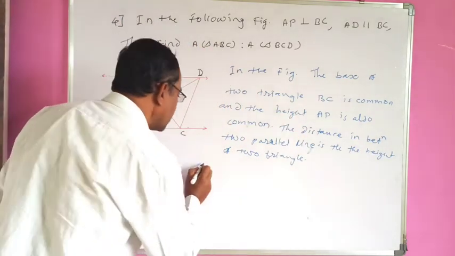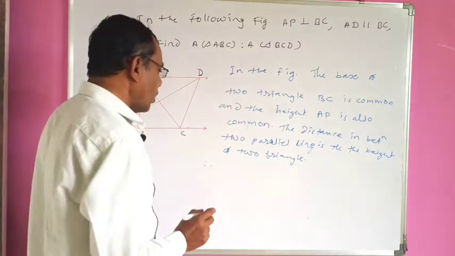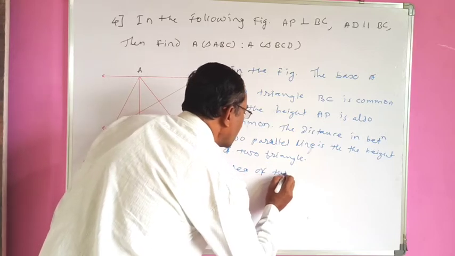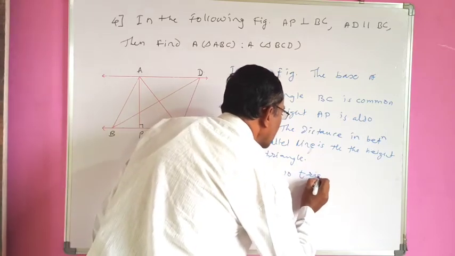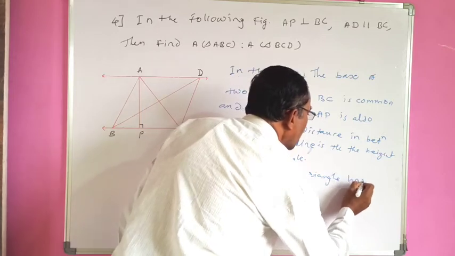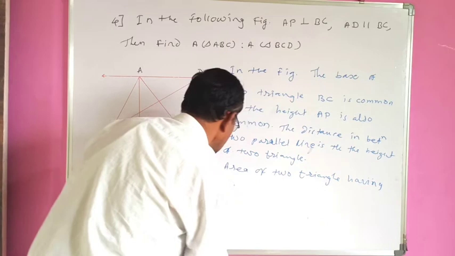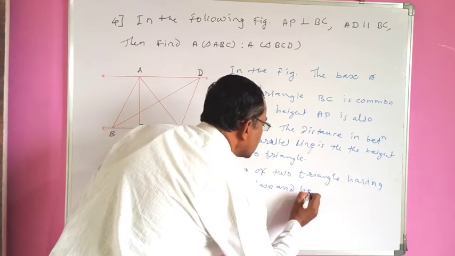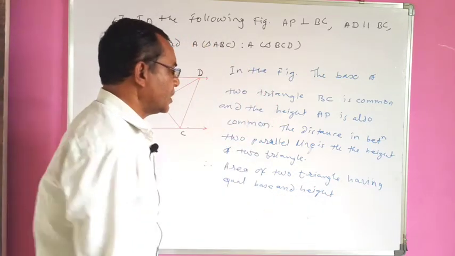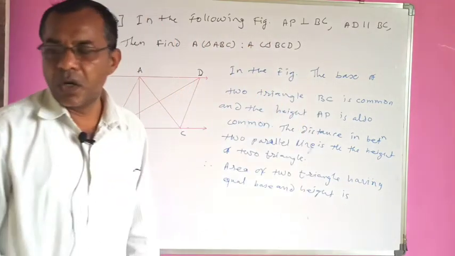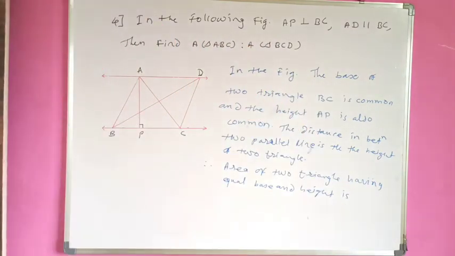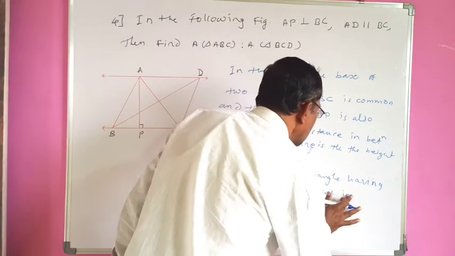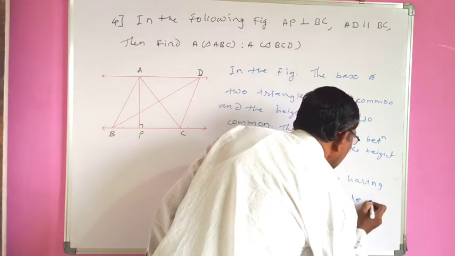Then I will write the property here. What is the property? Area of two triangles having equal base and height are equal.